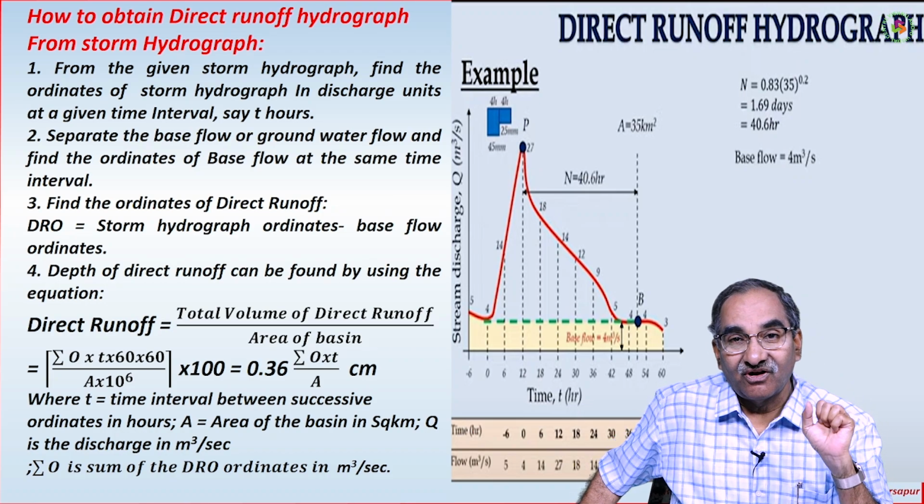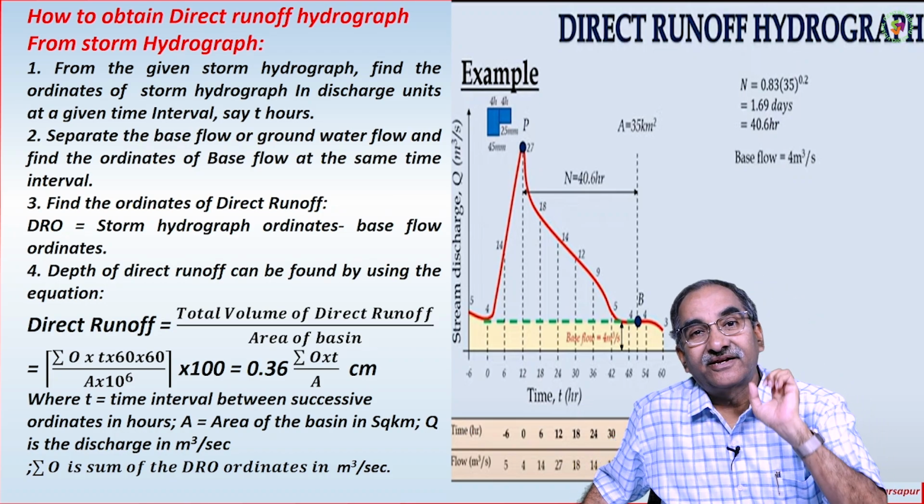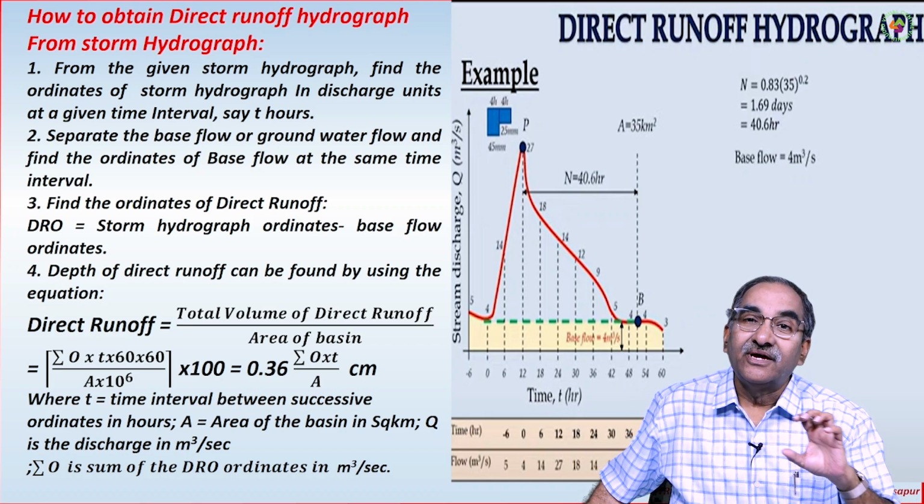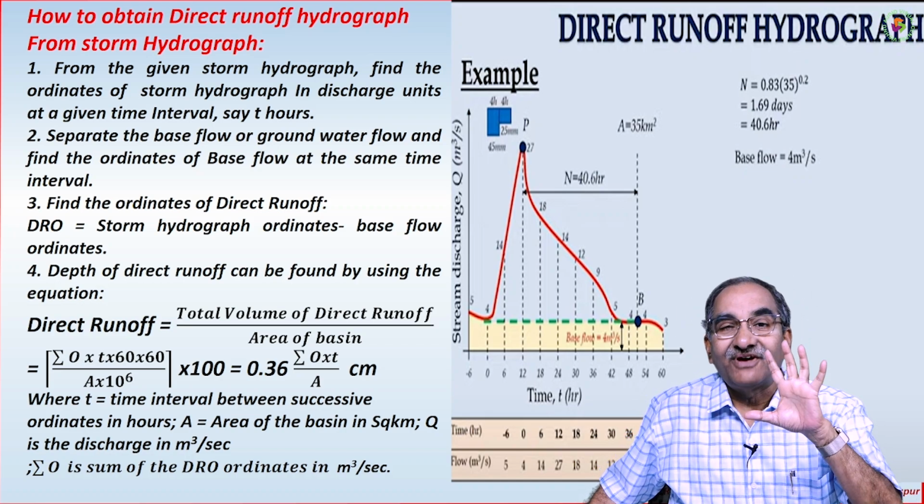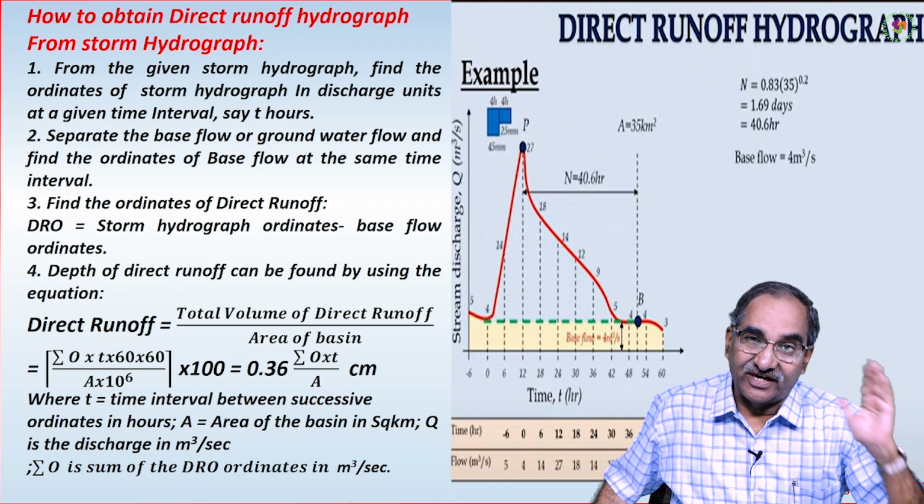A storm hydrograph consists of direct runoff and also the base flow. This is the first thing which we learned yesterday.